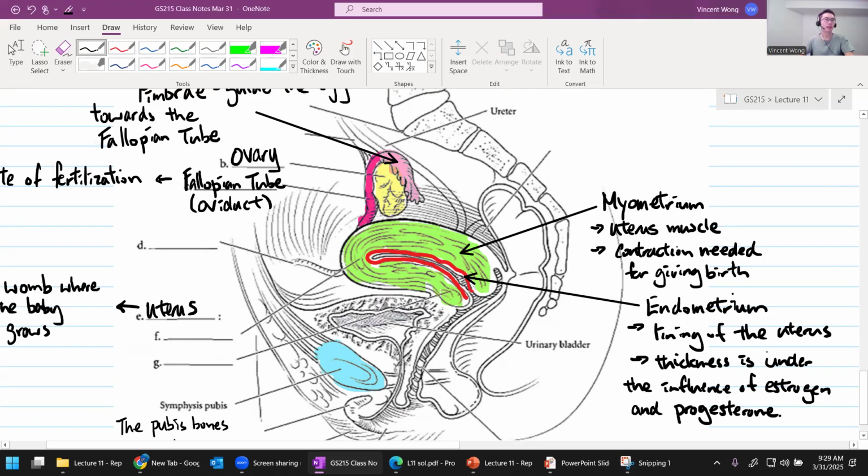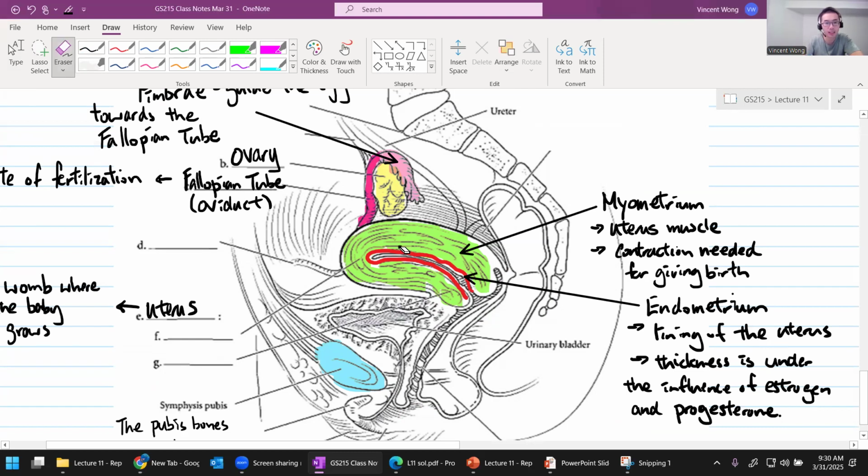So during the monthly cycles, the levels of estrogen and progesterone will rise and drop, and these hormones are going to trigger development of blood vessels in the endometrium, causing the linings to become thicker or thinner depending on the levels. We'll learn about that later. But basically, the blood vessels are there to help sustain the growth of the baby, should there be a pregnancy.